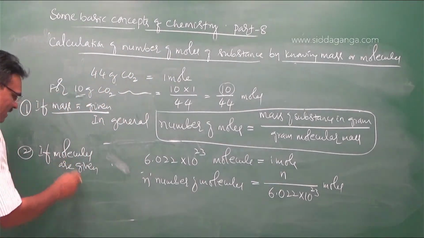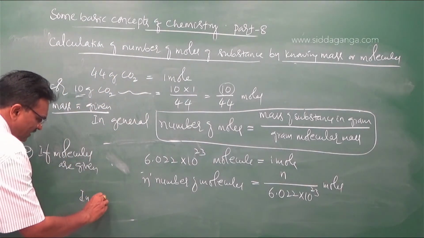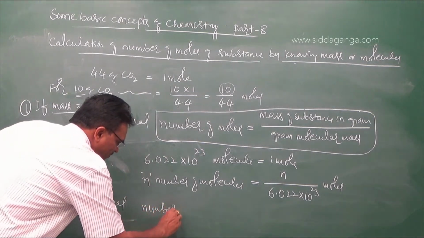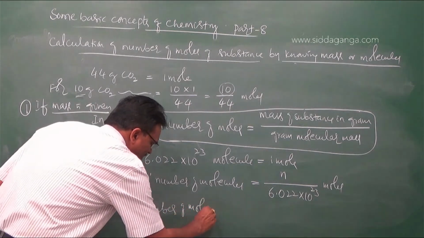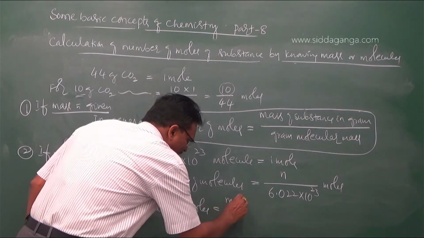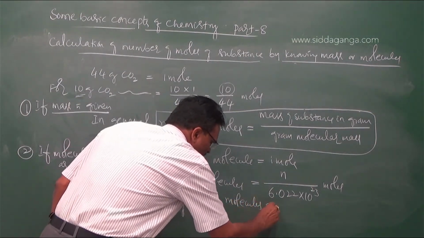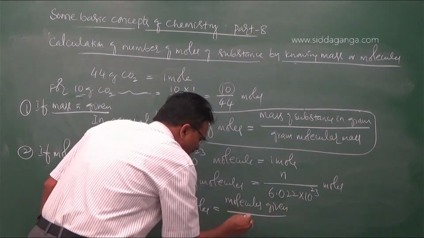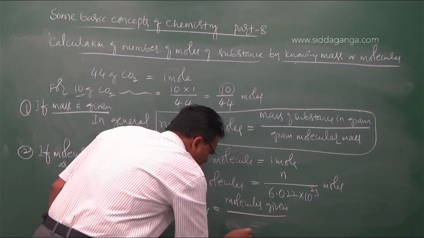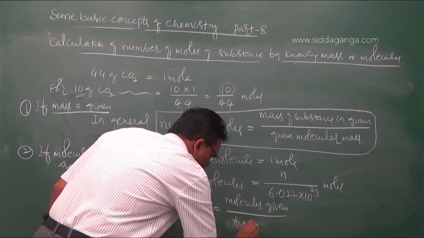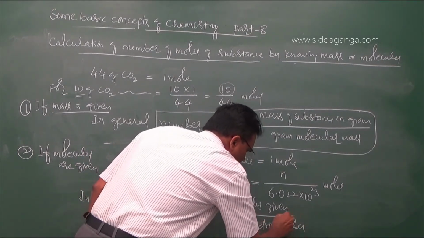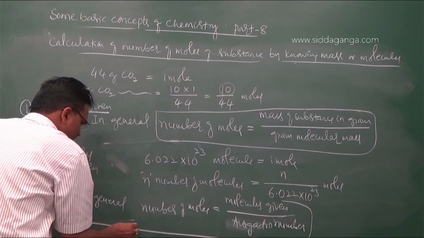Therefore, in general, number of moles is equal to number of molecules given divided by Avogadro number, 6.022 into 10 to the power of 23. This is another formula.